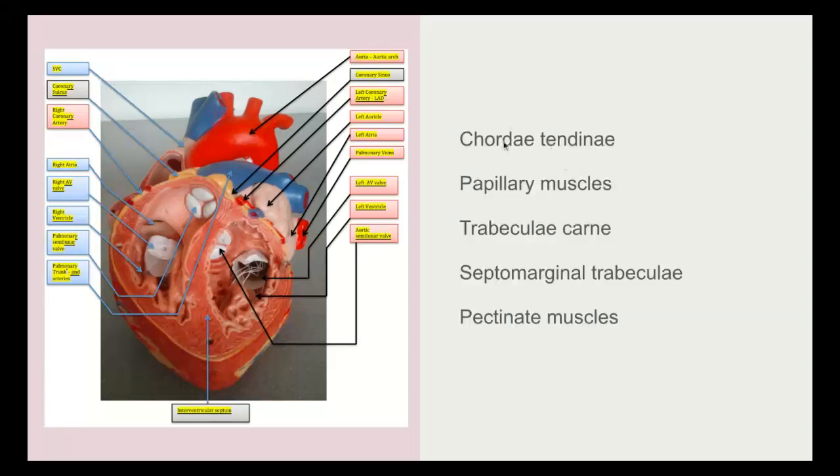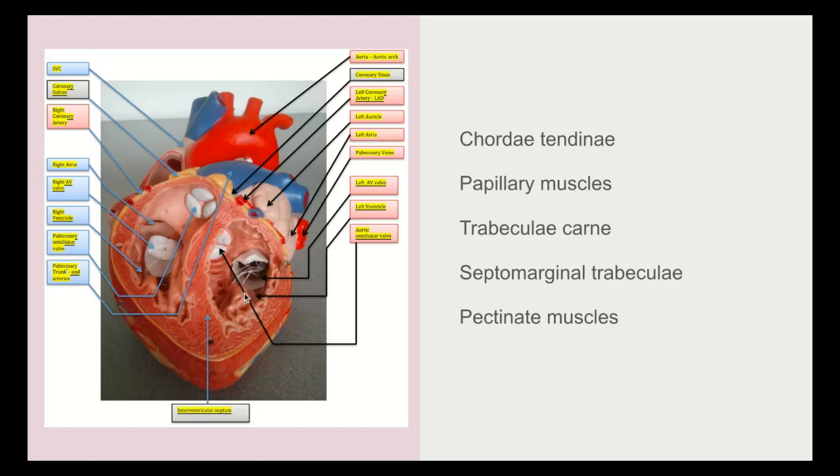All right, and then a couple more terms to know is the chordae tendineae. Think of them as your heartstrings. So if someone says, oh my goodness, you're pulling on my heartstrings. So that's going to be actually pulling on these AV valves, okay? So these little stringy structures, artificial of course in this photo, but in real life they are these little cords that are running from these cusps, because there are cusps on each of the valves here.